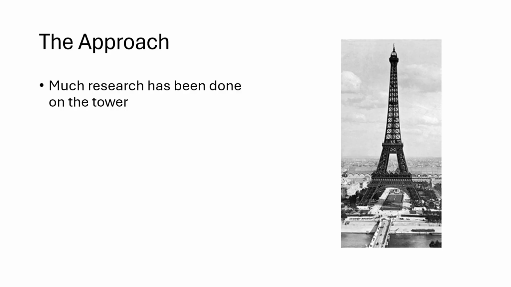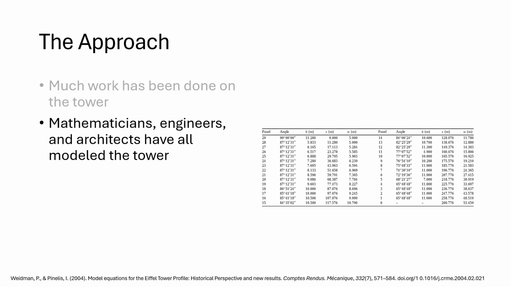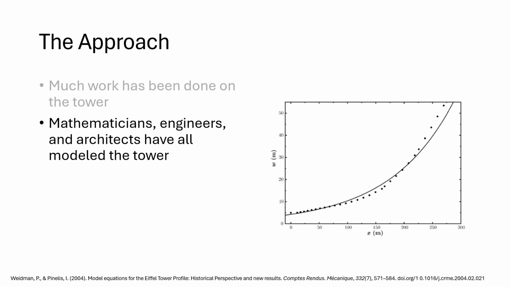Okay, so as I've covered, a lot of work has been done on the tower by mathematicians and engineers and scientists. There's been modeling performed on the tower to not only determine if it's structurally sound, but also to recreate it in a digital environment. Mathematicians have done work to determine what mathematical equation, for example, was used to create the shape of the tower.